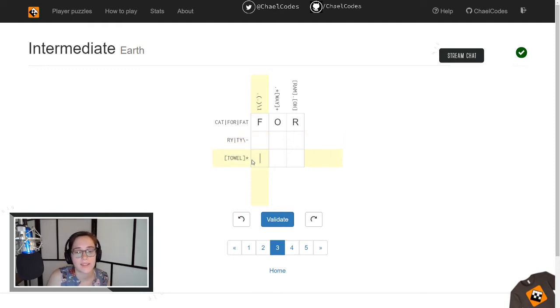So if I look at this, the letter has to be within the word towel, and then if I look at this, R isn't in towel, right? So I know that this has to be T, because that's the only one that's going to show up in both of these, right? And I know that it has to show up in both of these. If this starts with T, then this has to be Y, and this has to be dash.